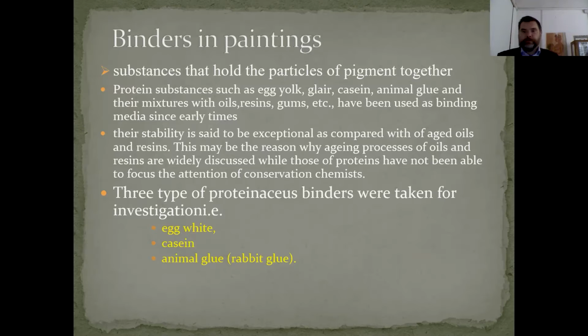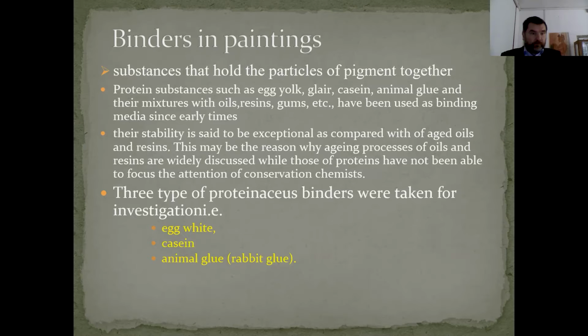Binders are usually some protein binder such as egg yolk, casein, animal glue, or some others, in mixtures with oils, resins, and such things, and they have been used for ages, I should say.